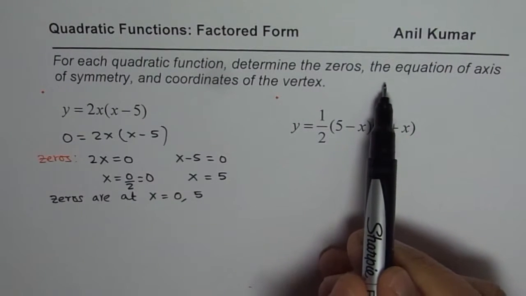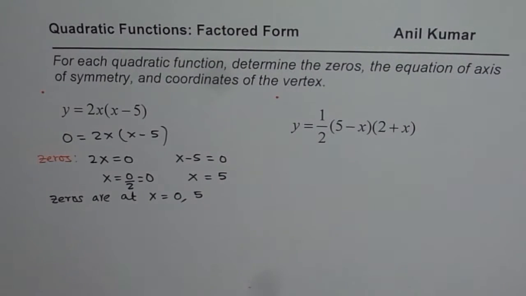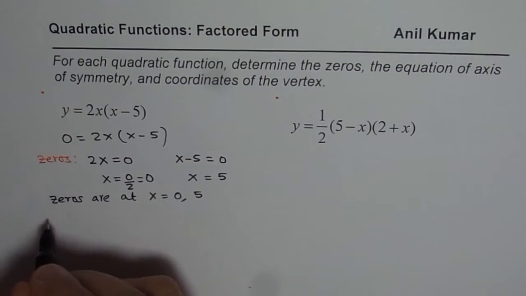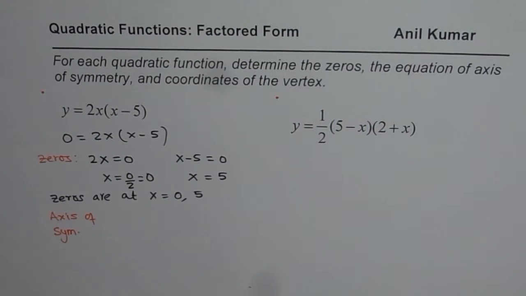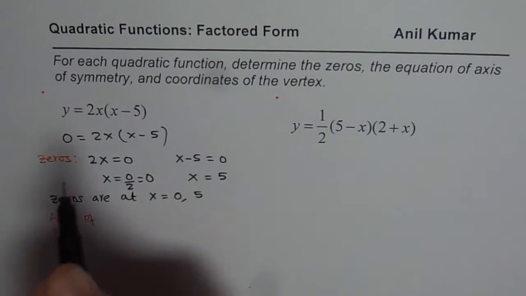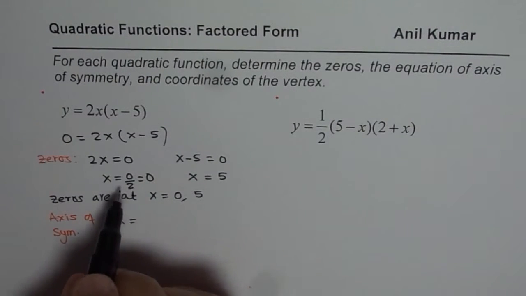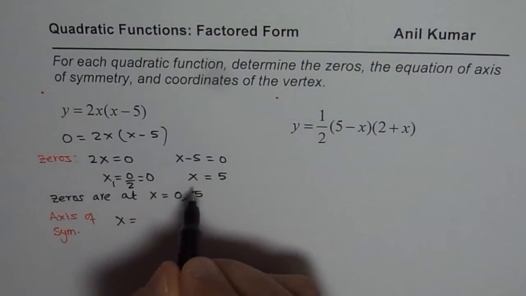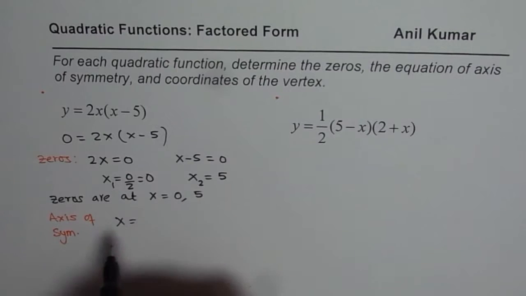Now the second part is the equation of the axis of symmetry. The axis of symmetry is right in the center of these two zeros. So if the two zeros are, let's say, x1 and x2, I'm just naming them, then you add them and divide by 2.